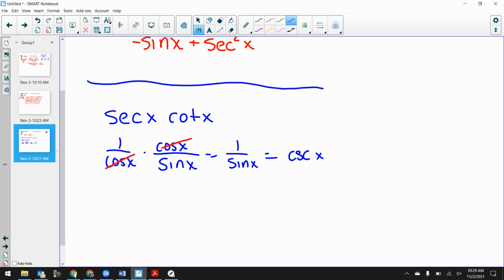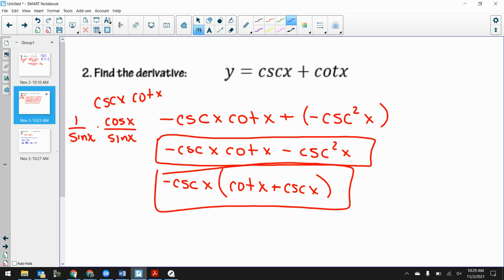Thinking about it back here, if this had been cosecant tangent x instead of cosecant cotangent, well then that would have changed that. So cosecant tangent x would have been 1 over sine x, and then times sine x over cosine x, which would have canceled.